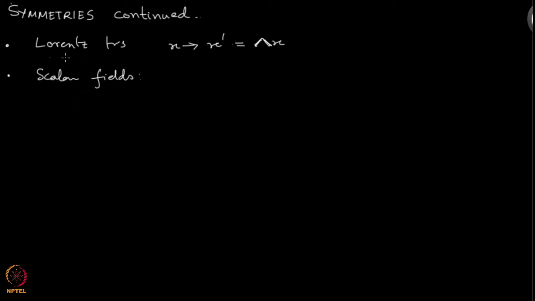By scalar I meant always a field, more clearly. So suppose instead of having one field like you had in Klein-Gordon theory, suppose you have multiple scalar fields: a field phi 1, another field phi 2 and many more, a total of n fields.